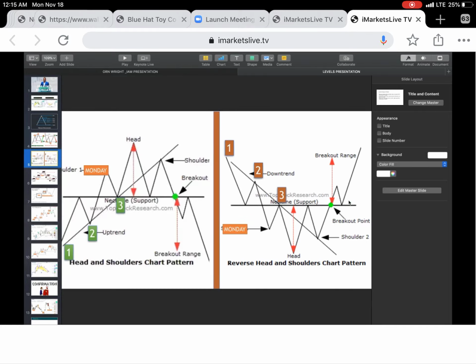All right, tell me, is it okay if I do the presentation like this where you can see my mouse, or do you want me to go back to the full screen? Let me know real quick. Type 1 if you want me to do it like this, or type 2 if you want me to go back to the full screen.